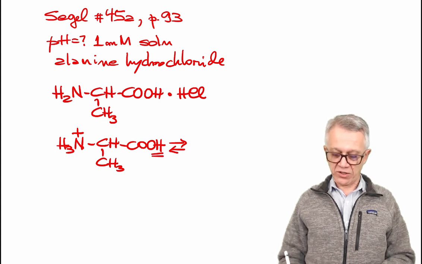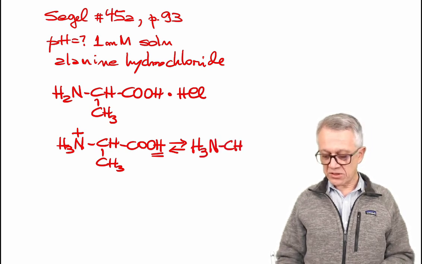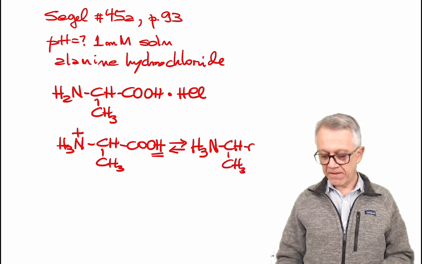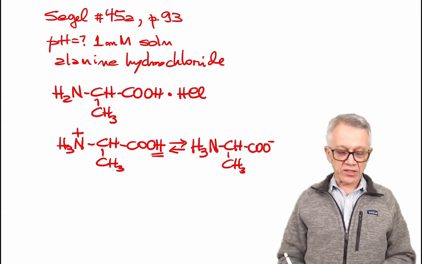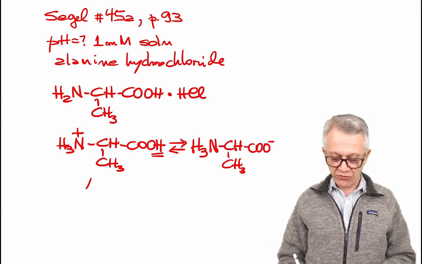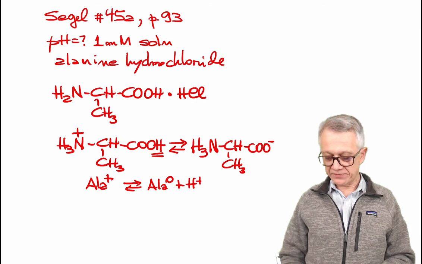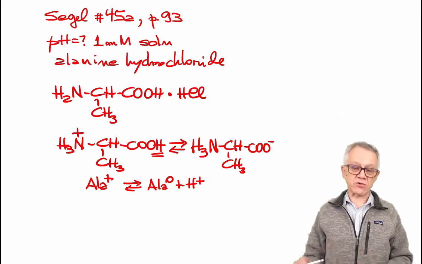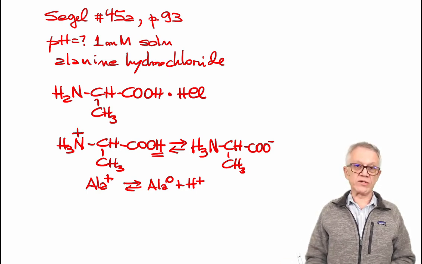The carboxylic group obviously is the first one to deprotonate, and it's going to generate H3N CHCOO minus. So basically we're bringing to equilibrium two forms of alanine, the alanine plus, now in equilibrium with alanine 0 plus a proton. Normally you don't need to write the proton, but in this particular problem we want to know the pH, so we need to know the concentration of protons.